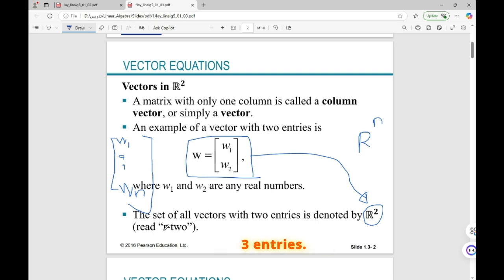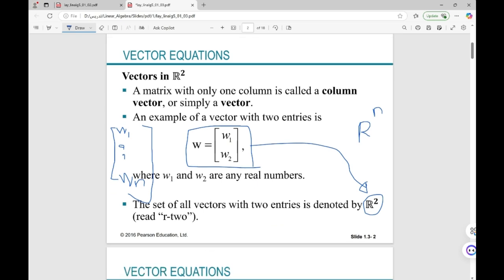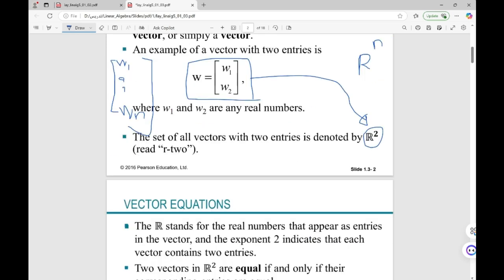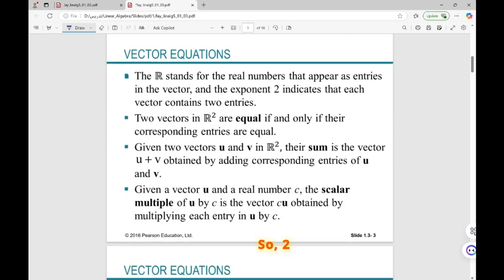Exactly, 3 entries. So, two vectors are equal if and only if, first, they have the same number of entries.